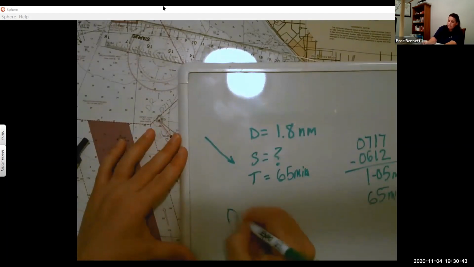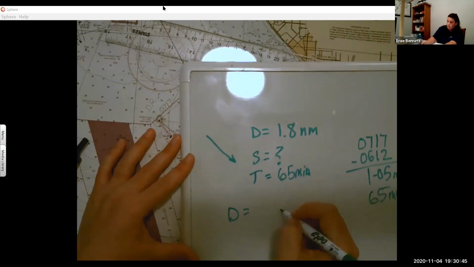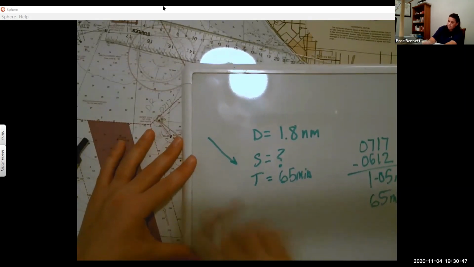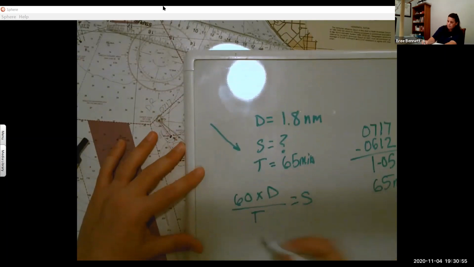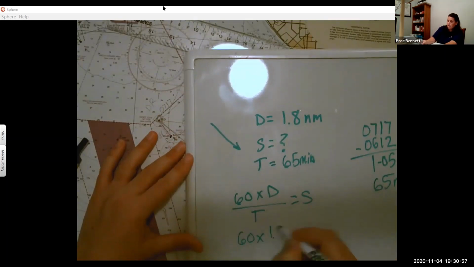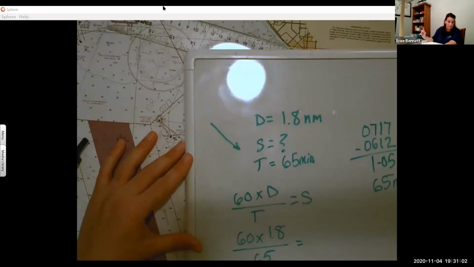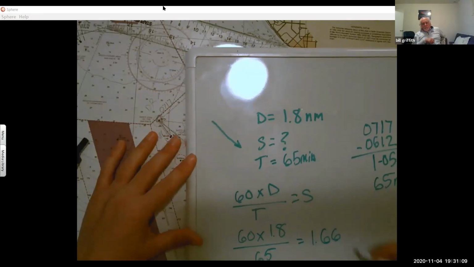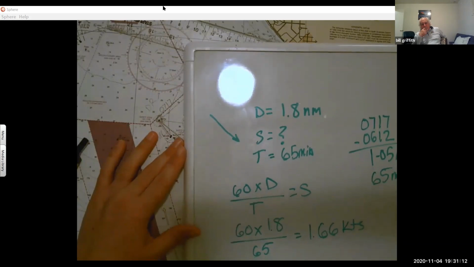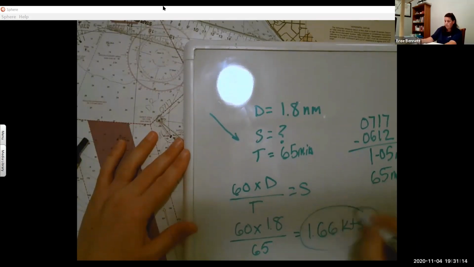So we have D equals, nope, we're looking for speed, excuse me. 60 times D divided by T gives us speed. 60 times 1.8 divided by 65 gives us 1.66. So this is our drift.